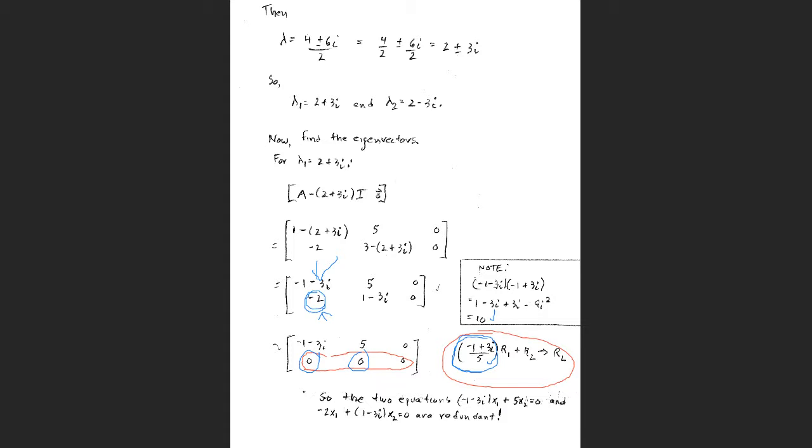When you do row operations with these, like we're doing here, with the complex number in it, in the end, you started off with these 2 rows, right? Those rows correspond to equations.